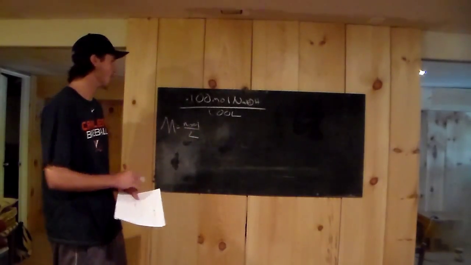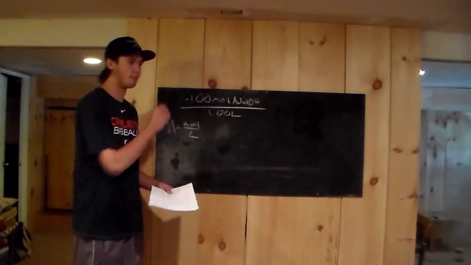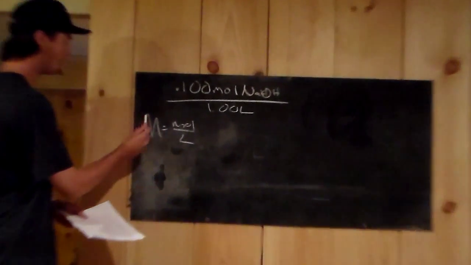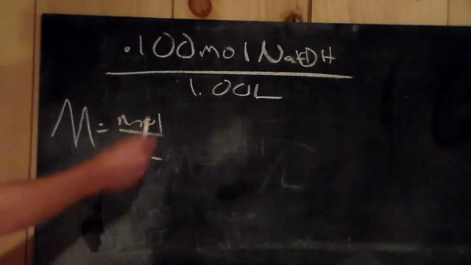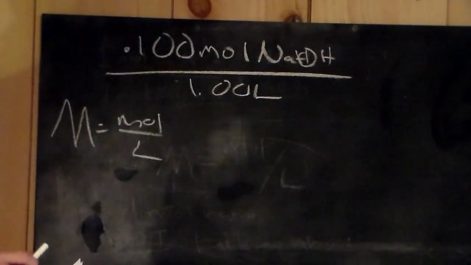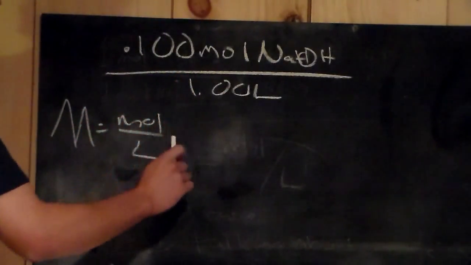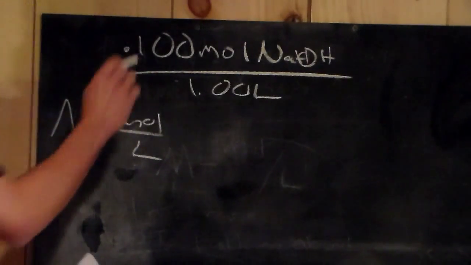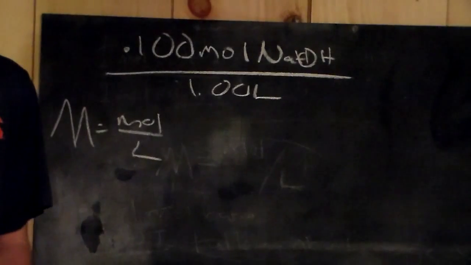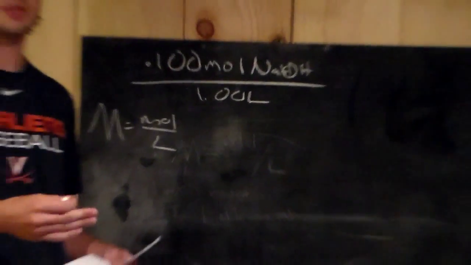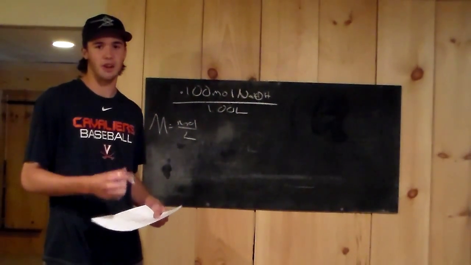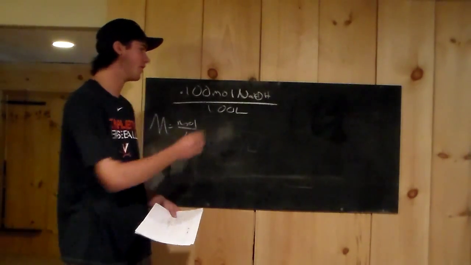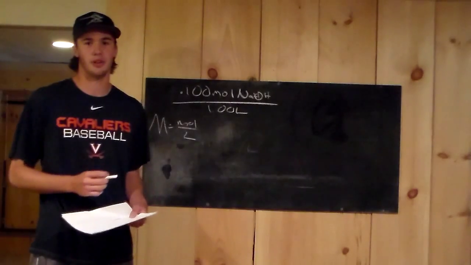So you're given 0.100 molar sodium hydroxide. So since molarity equals moles over liters, that gives you this to start out your problem: 0.100 moles NaOH over 1 liter. And then the most important part of this problem, after you recognize that, is to use the titration curve given in the problem to recognize how many milliliters of sodium hydroxide were added at the equivalence point.